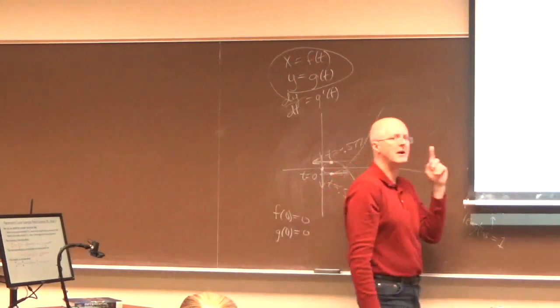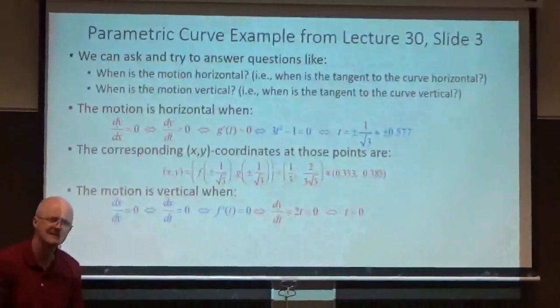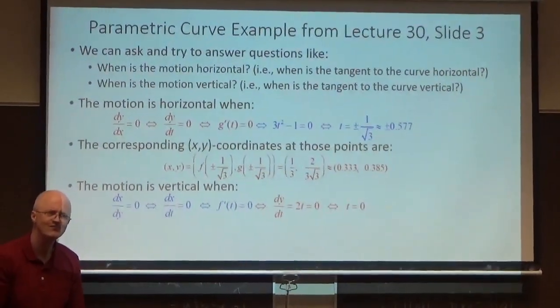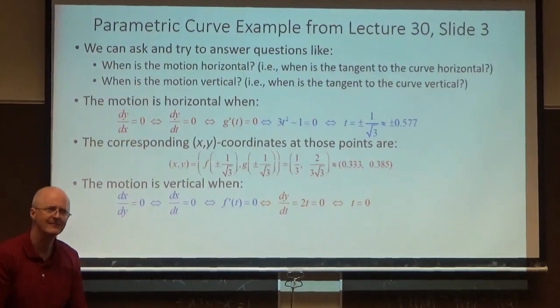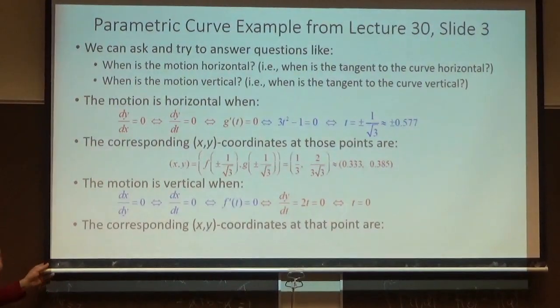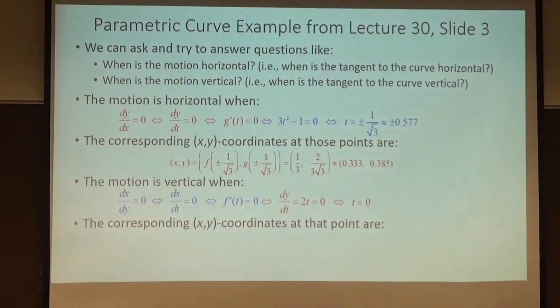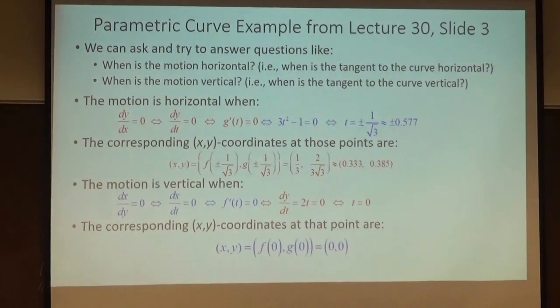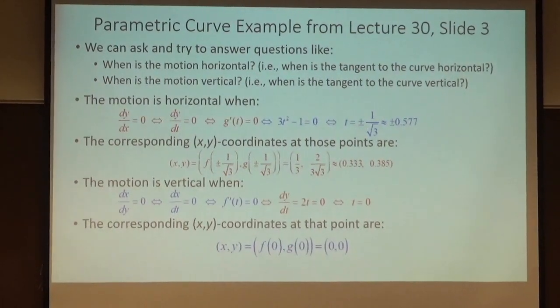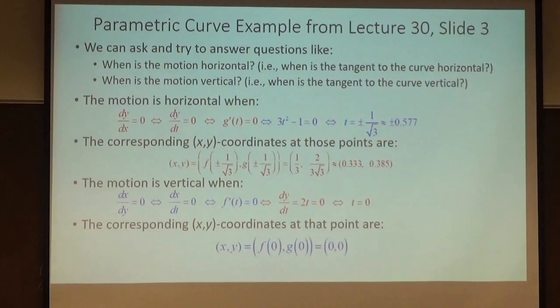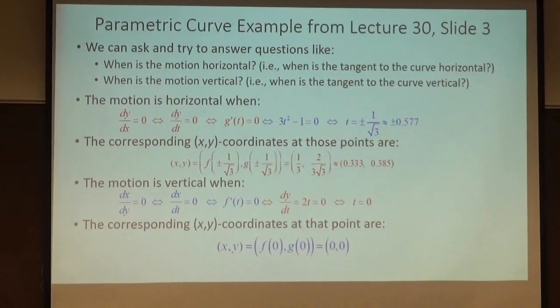That also happens to be equivalent to dx/dy equals 0, not dy/dx. I'll let you think about that. It's not a typo. And the corresponding coordinate is just the origin. So I'm going to give you a few problems in 4.8 about this to work on.